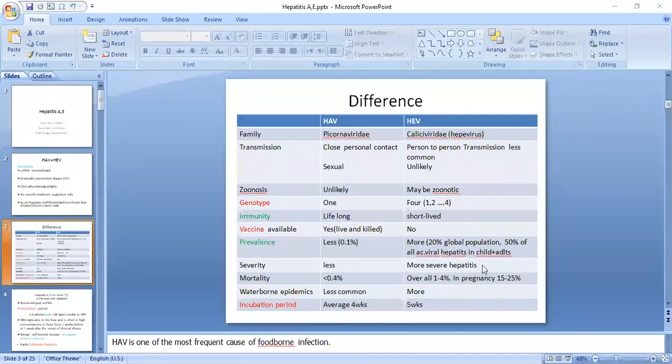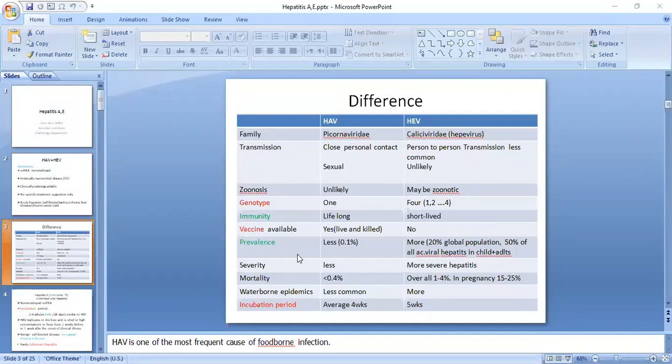The mortality rate in case of A is less than 0.4%, and the mortality rate of E increases in pregnancy up to 25%.